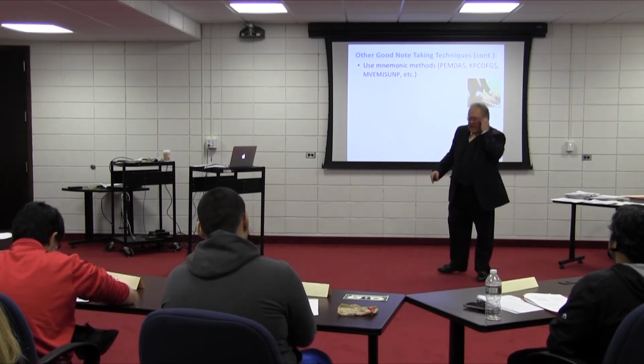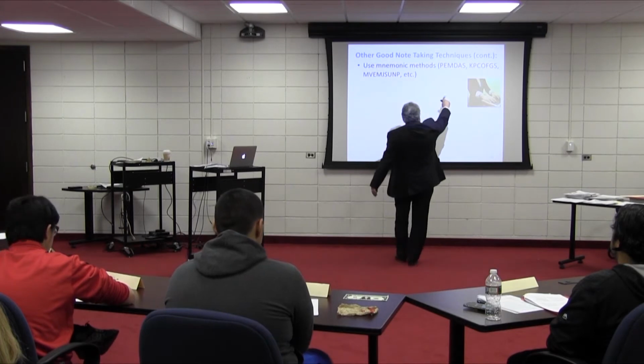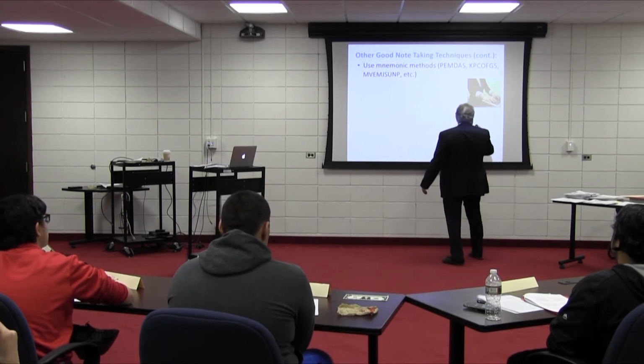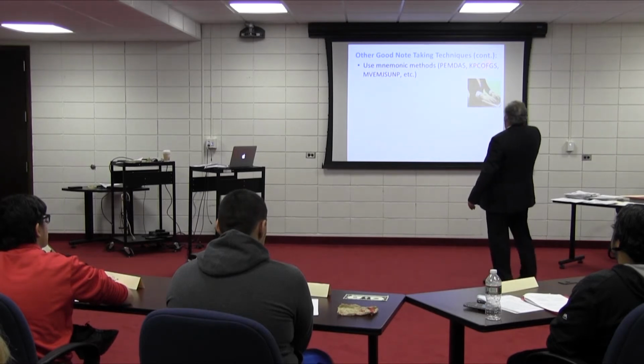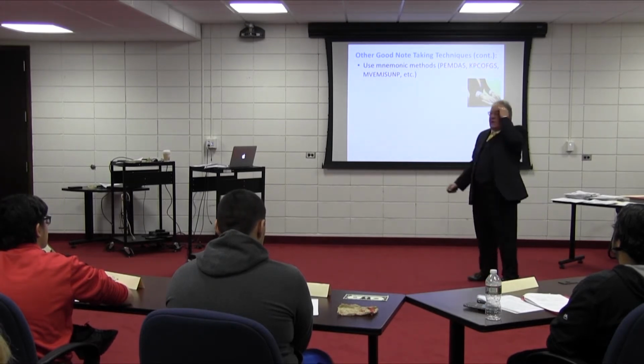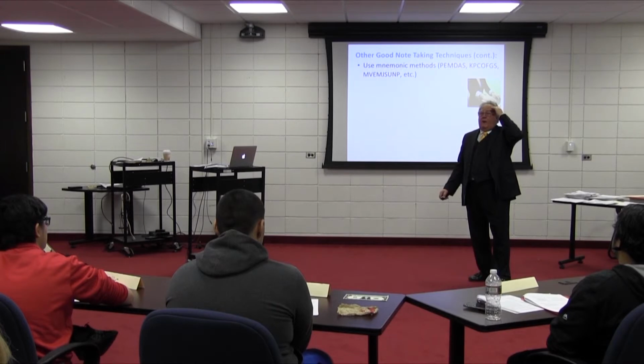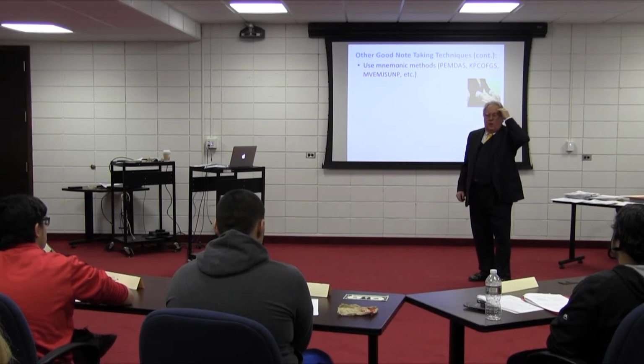When I was teaching science, I used to do the same thing. I had: kings play chess on fine-grained sand. That's how I used to remember the order of classification in the biological system, the naming system for living things.